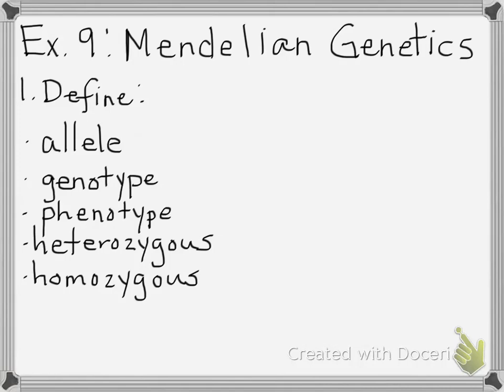That is true. Okay, so I'm going to start with some definitions. And everybody knows Mendel. We talked about him last week. Father of genetics. He's a good guy. So allele, I'm going to just go right ahead. Allele is a trait choice. So blue eyes would be an allele, brown eyes would be an allele, green eyes would be an allele.